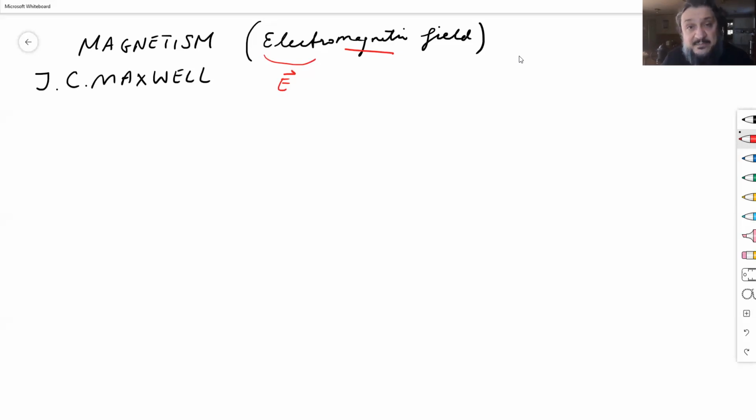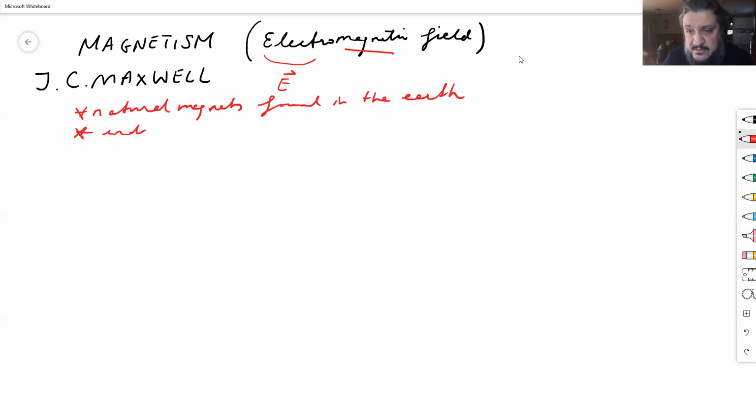You can find magnets in Earth. So we have natural magnets found in Earth, or you can make magnets, okay, industrial magnets.